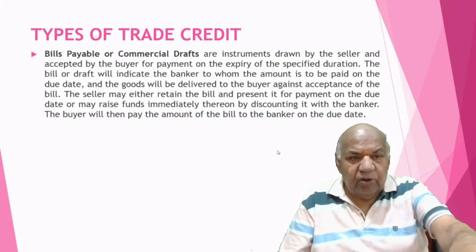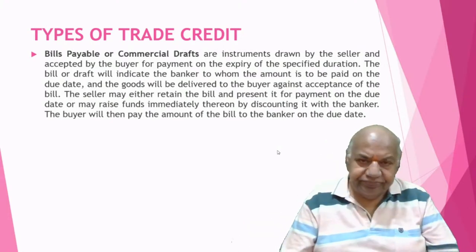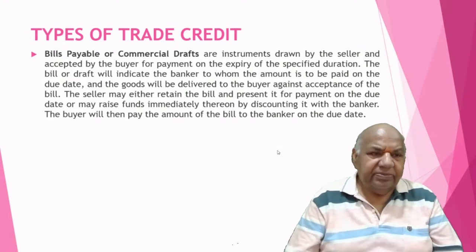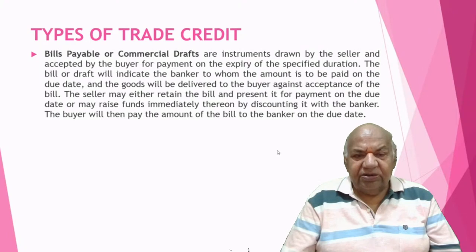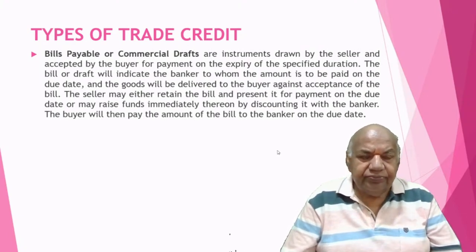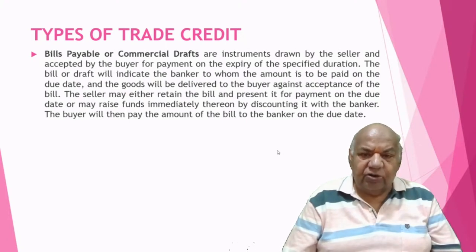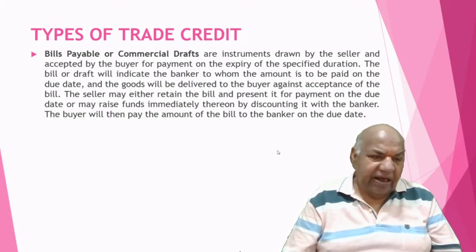Here, bills payable or drafts are drawn by the seller, only accepted by the buyer. The bill or draft will indicate the banker to whom the amount is to be paid on the due date, and the goods will be delivered to the buyer against acceptance.